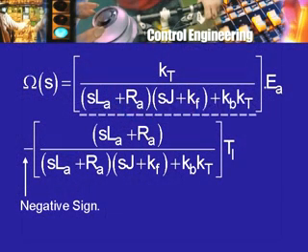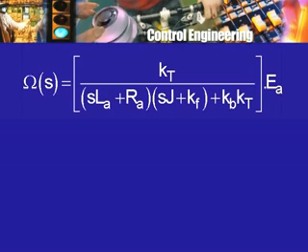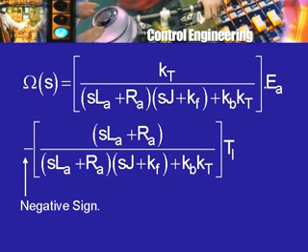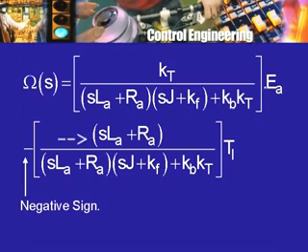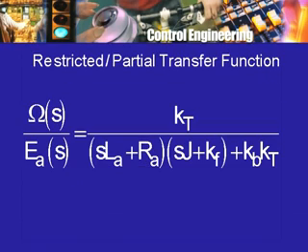So I will look at the part of the response that depends only on the applied voltage. I will look at only this expression, omega equal to some multiplier multiplying EA, and therefore I can talk about a restricted transfer function from EA to omega, that is the ratio of this part of omega(S) to EA(S), and this will be a transfer function which will look like Kt divided by that denominator expression.